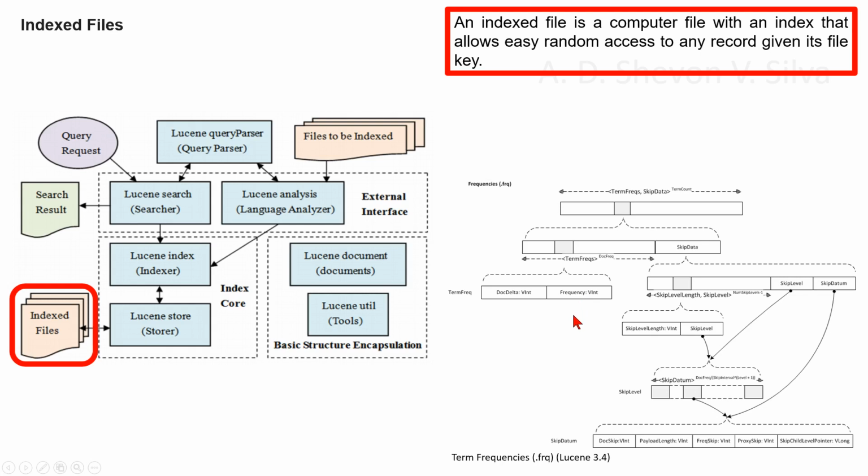For example, if the term occurs once in the document with doc id 7, freq equals 1, and 3 times in the document with doc id 11, freq 3, we would get the following sequence of vints: 15, 8, and 3.